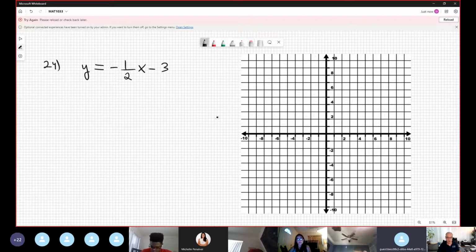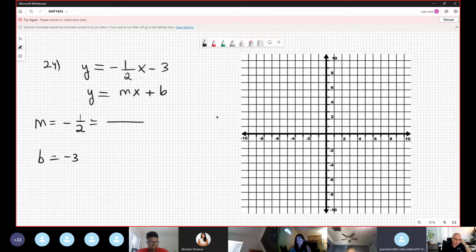The y is already isolated. Now immediately you compare with the equation y equal mx plus b. It's obvious that m is negative 1/2, and b is negative 3.